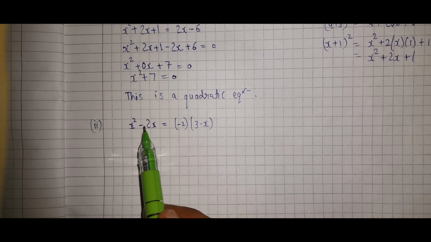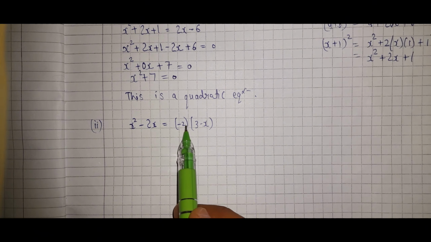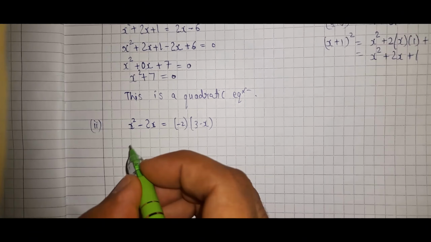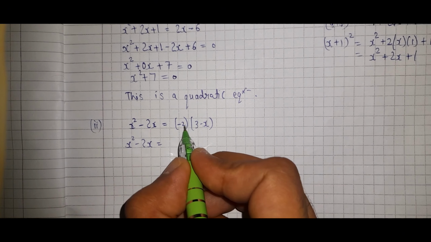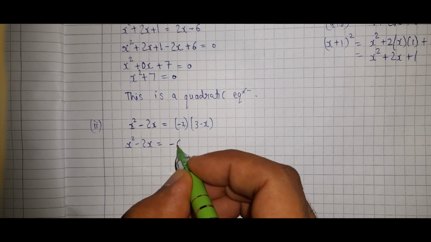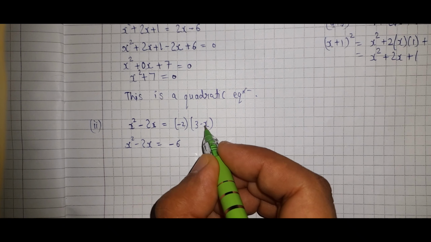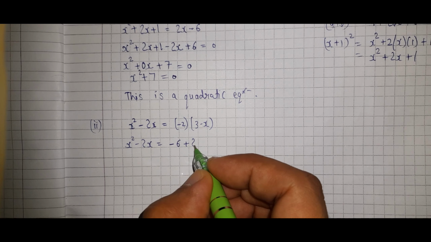Second part, x square minus 2x equals to minus 2 into 3 minus x. Now x square minus 2x as it is. Minus 2 into 3 equals to minus 6. Minus 2 into minus x equals to plus 2x.